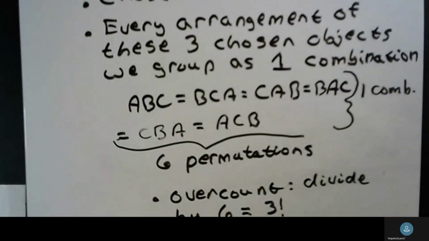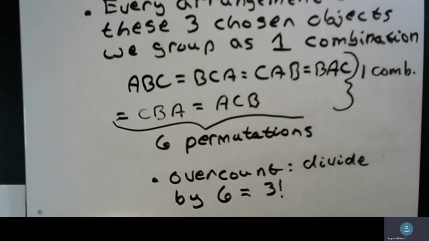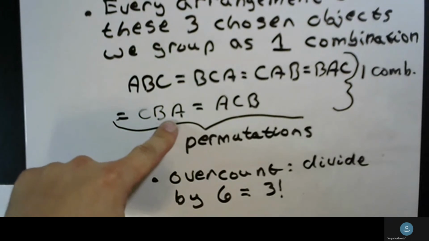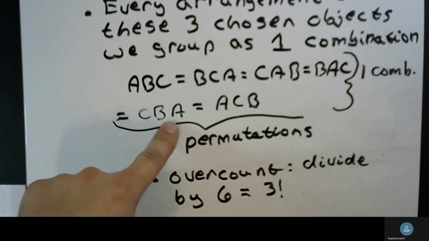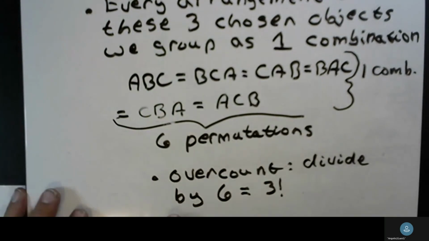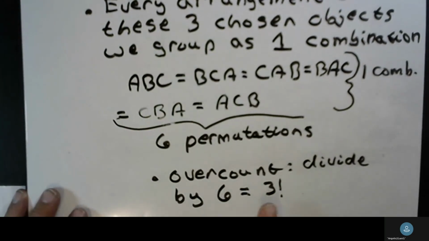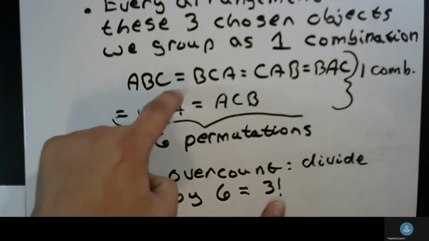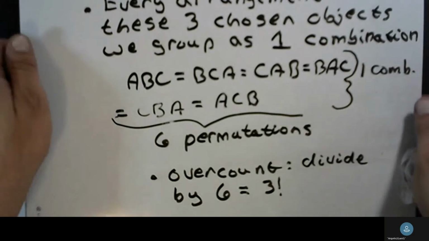Any questions about that? I'll admit, I think it's a little tricky. Any questions, let me know. But basically, we're repeatedly counting the same combination. We end up counting it 6 times when we only need to count it once. And so to solve that problem, we're going to divide by 6, but we can write that as 3 factorial, or the number of elements we draw factorial.